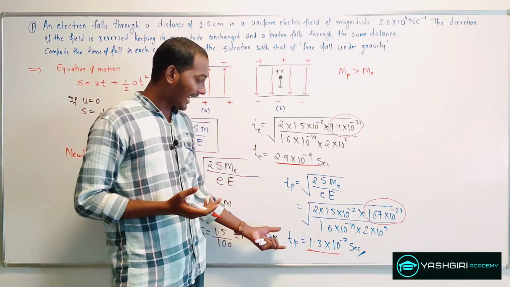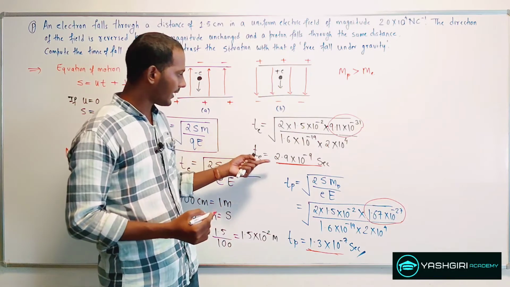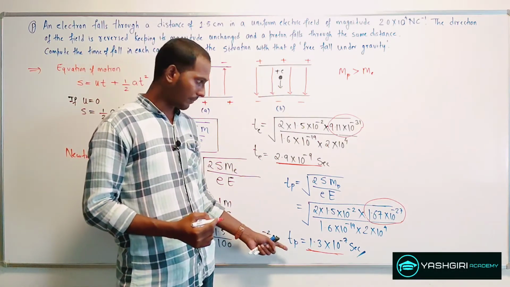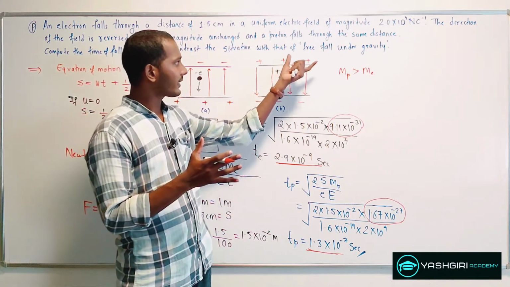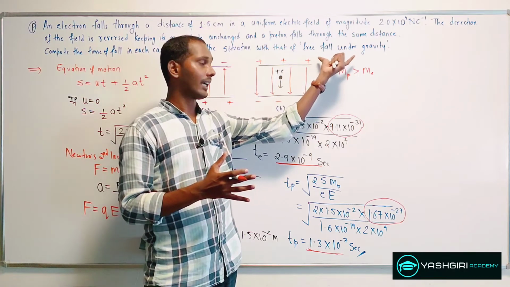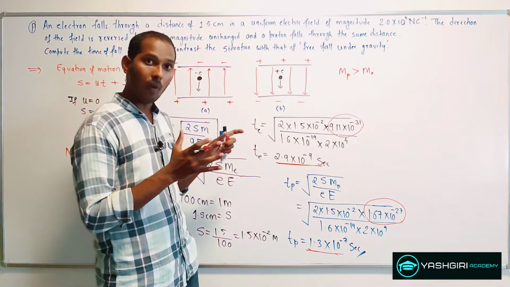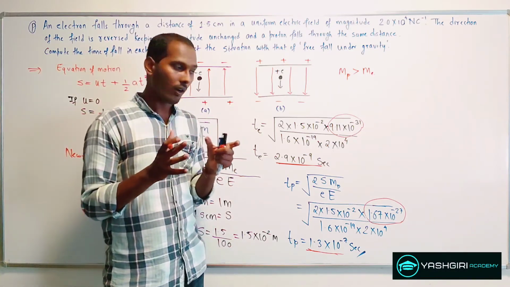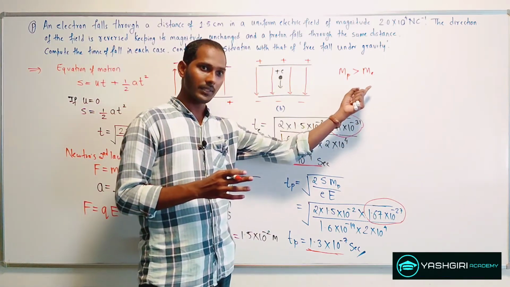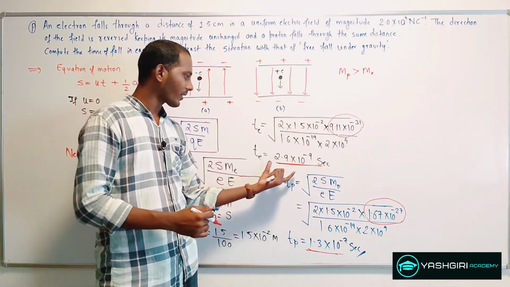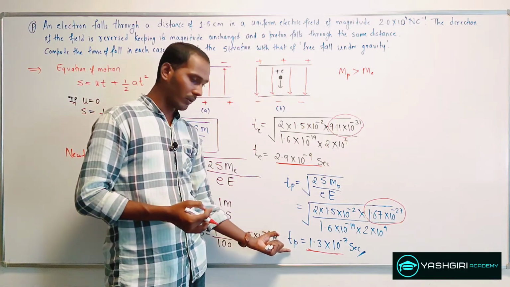But when you see the time fall for proton and electron, the time fall for the electron is less compared with the time fall of the proton. So from this, what I can say is that it's again the same thing happening as in the free fall under gravity concept. So the time fall of a body is not dependent on the mass. Here the electron is lighter in mass, but the time that it takes to fall down is quicker than the time taken by the proton to fall.